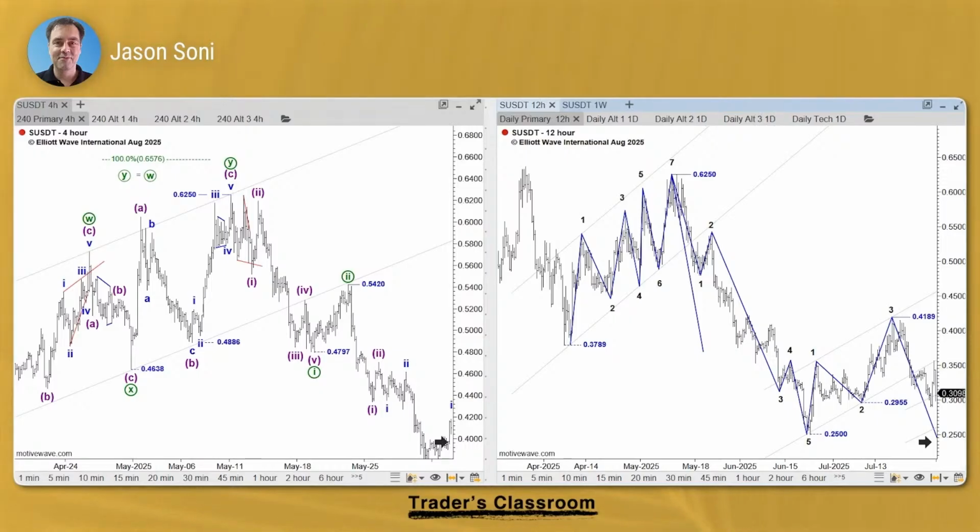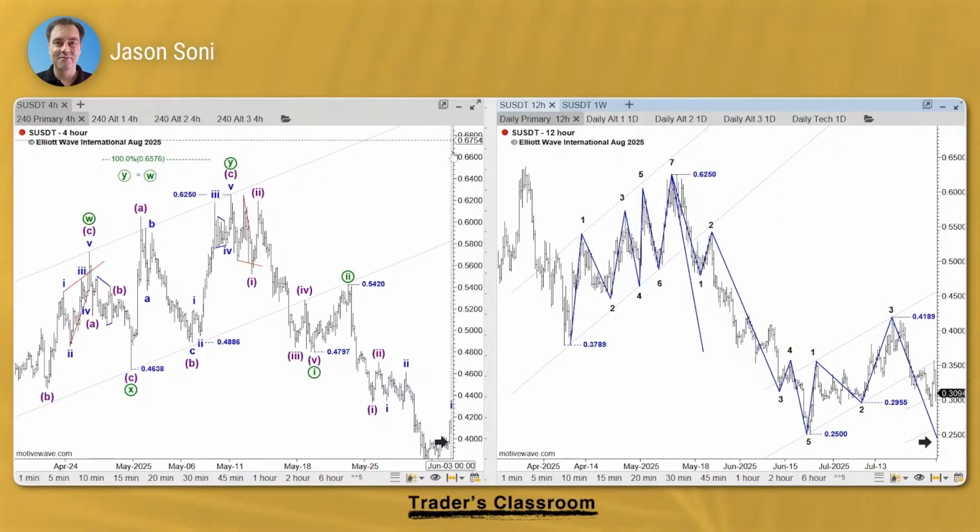Because that will rule out a number of ideas, or at least suggest a certain number of ideas as well. So it will give me a direction where I need to be looking. If I'm seeing overlapping price action, then the chances are it's not an impulse. And furthermore, if I can count either 3 or 7 swings, it will add more credence to the idea that a correction is unfolding.